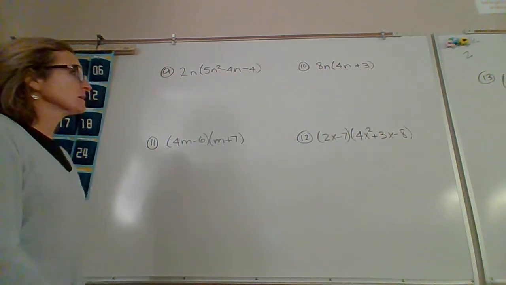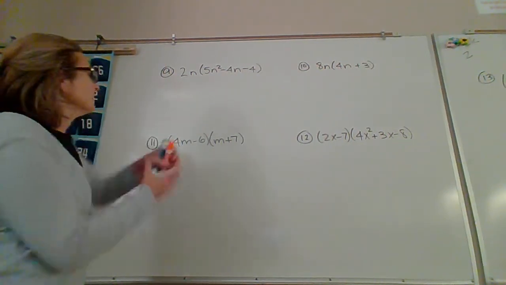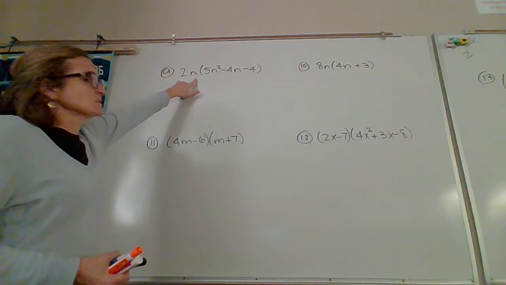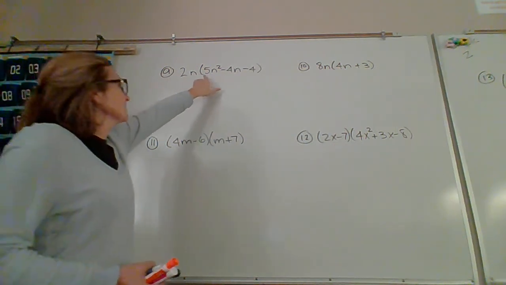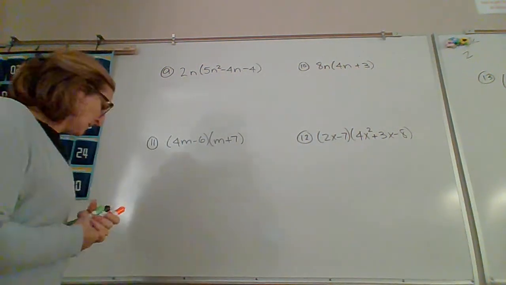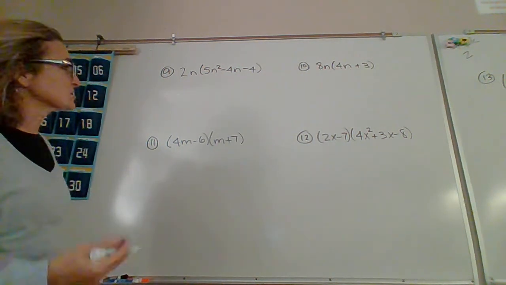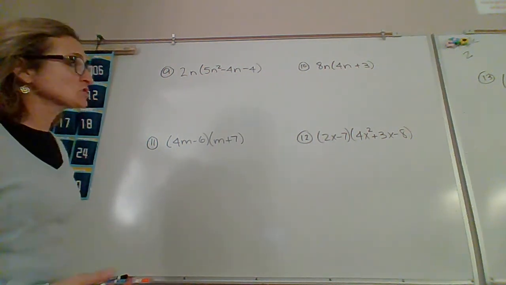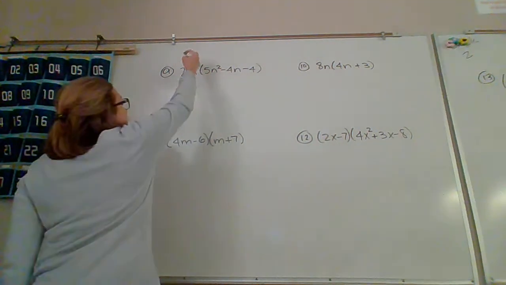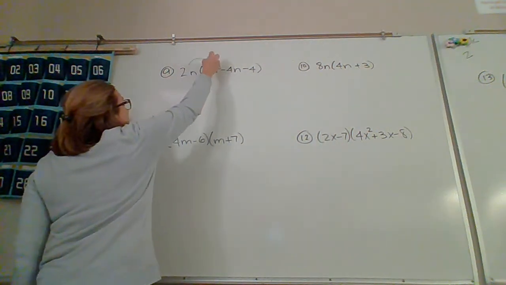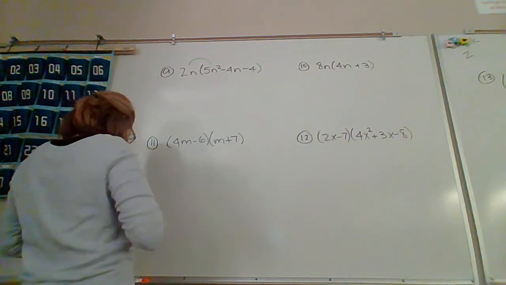And we are going to start with a monomial, 2n, it's one term, times a trinomial. When you're multiplying with polynomials, the rule is you just distribute and then sometimes distribute again. So we're going to distribute the 2n to the 5n squared.